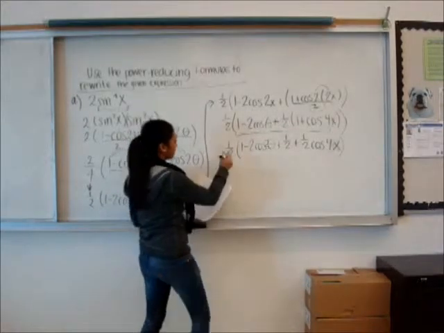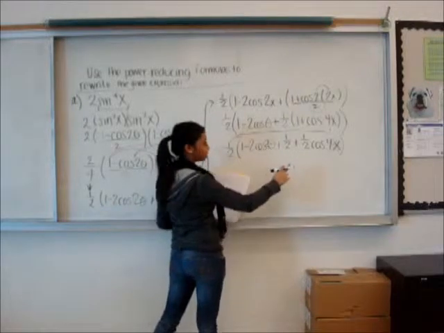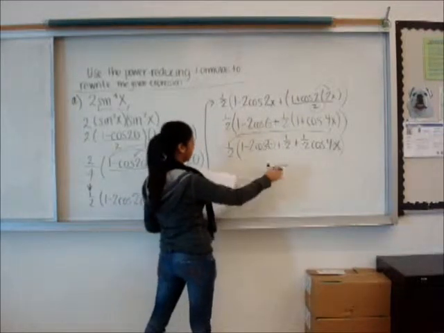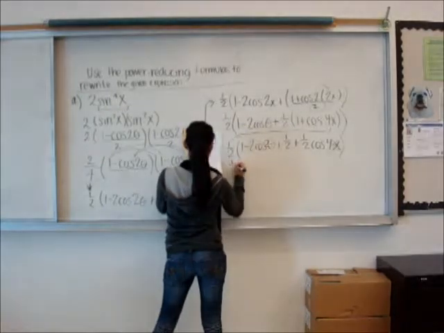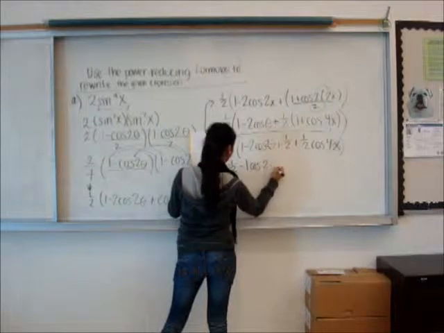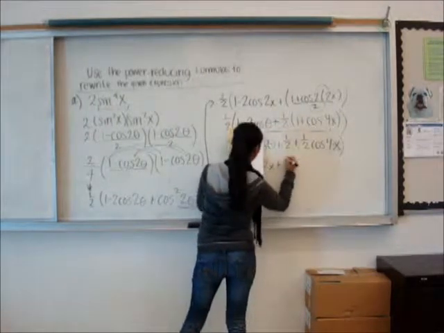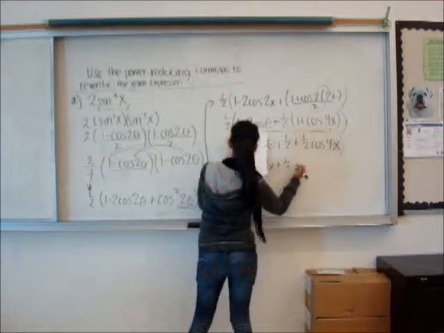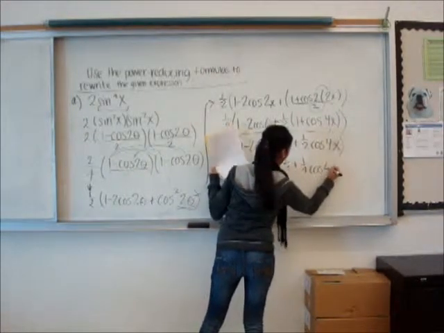And then the next step is to lastly distribute this 1/2 to each and every term to get rid of the parentheses. So it becomes 1/2 minus 1 cosine 2x plus 1/2 times 1/2 is 1/4 cosine, or plus 1 cosine 4x.